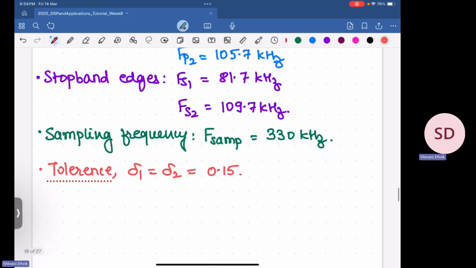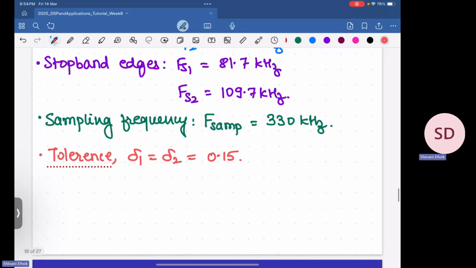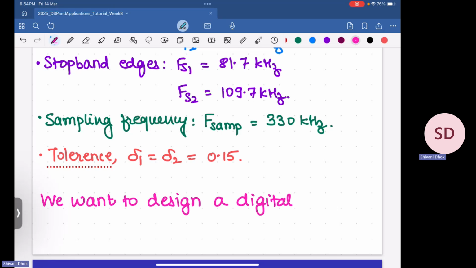Now, we want to design a digital filter for the above specifications.